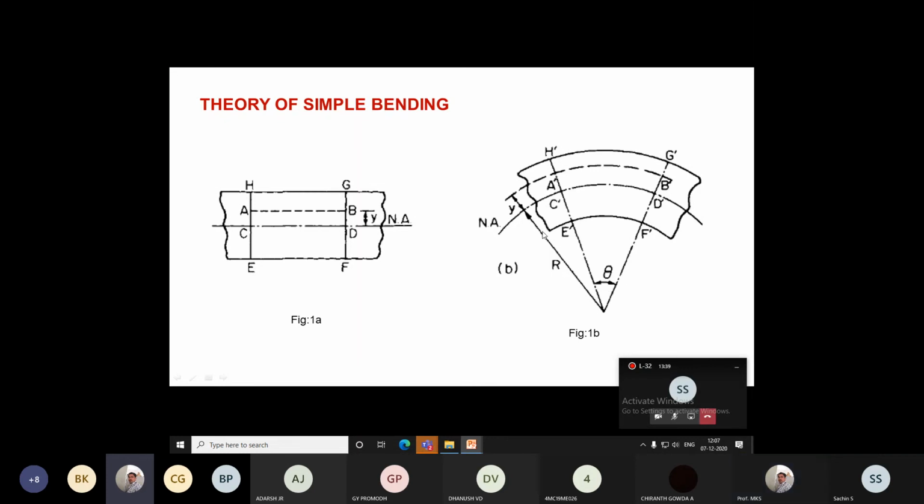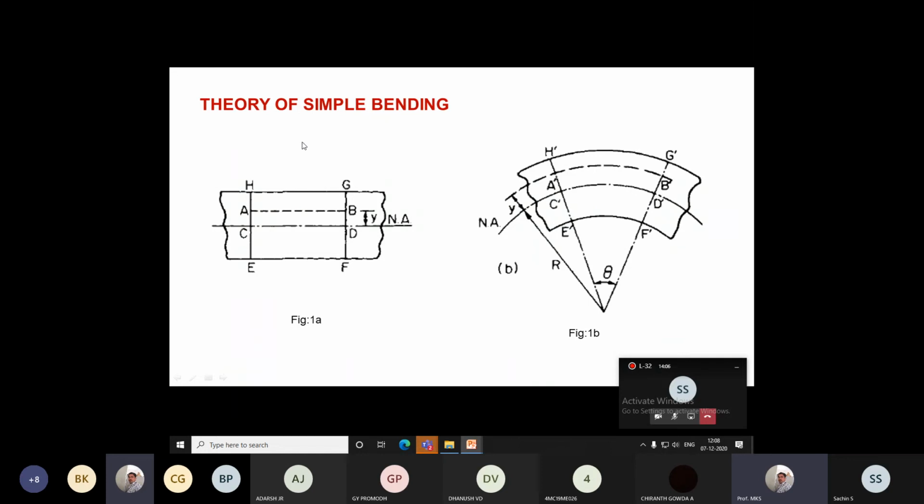When the beam bends, the length AB is going to increase, whereas CD is the neutral axis. Since the stress at the neutral axis is zero, the CD length will remain the same before and after the application of the bending moment.